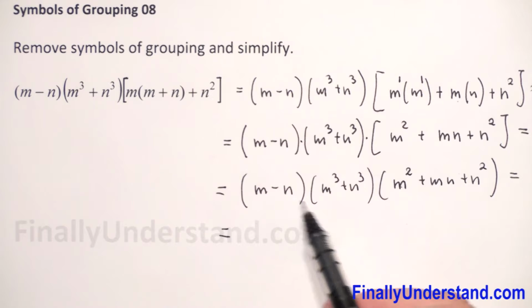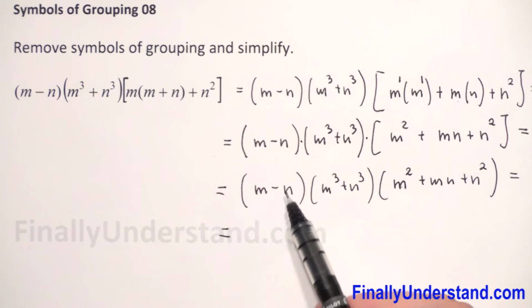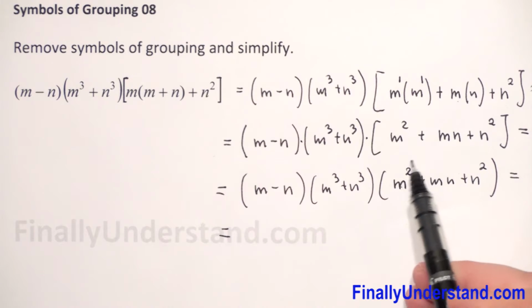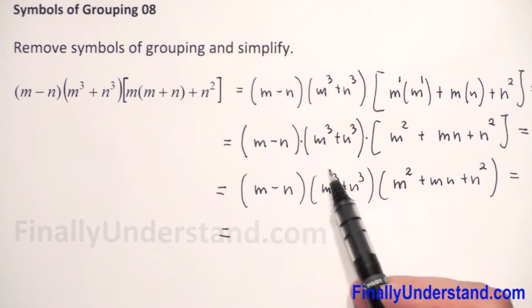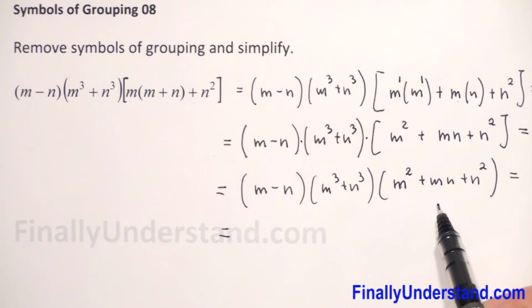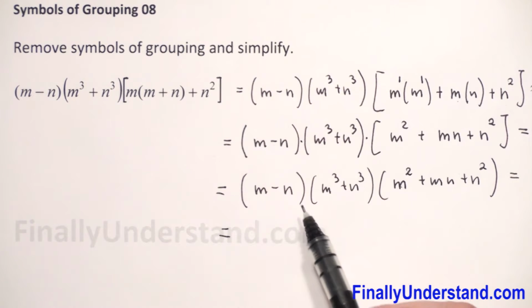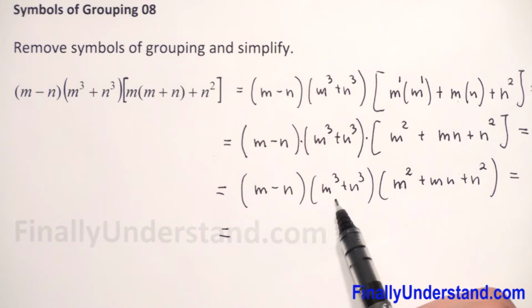Because we have multiplication between these three parentheses, we can first multiply the first parenthesis times the second parenthesis, or the second parenthesis times the third parenthesis. It doesn't matter which multiplication we do first. Because we have multiplication, we can choose what is convenient for us.